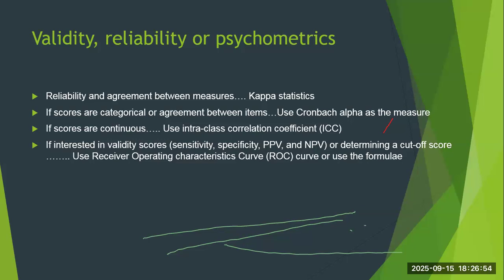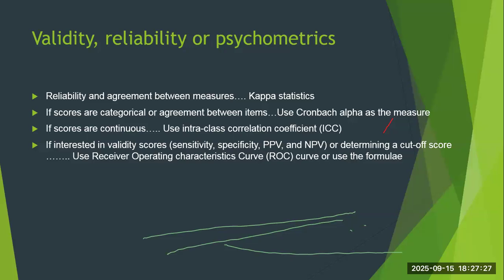Then false negative is where the test picked it as negative, but the gold standard picked it as positive. You can now use the formulas to calculate your sensitivity, specificity, PPV, and NPV. So either way, if you have a linear test, use ROC; if you have categorical, cross-tabulate, get TN, TP, FN, and FP, and calculate using the appropriate formula.